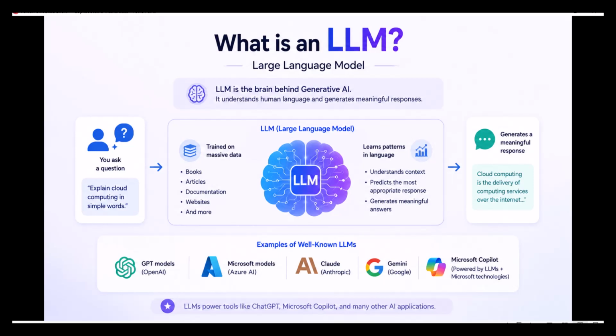Some well-known LLMs include GPT models from OpenAI, Microsoft models through Azure AI, Claude by Anthropic, and Gemini by Google. Microsoft Copilot also uses powerful language models together with Microsoft technologies to help users complete tasks more effectively.